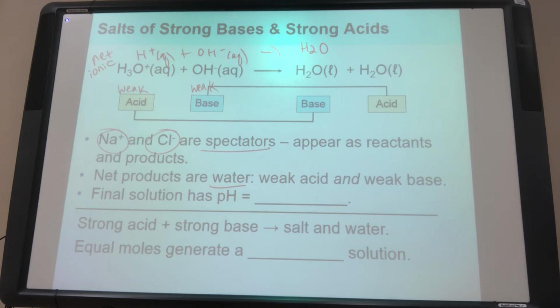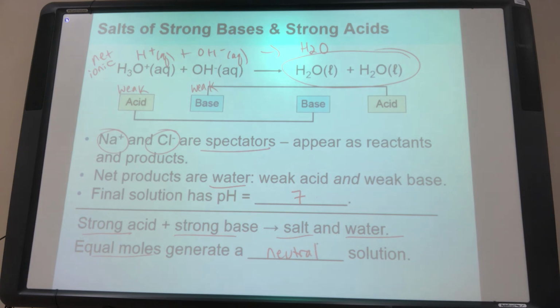Now, you might go, okay, so what's the pH? If the only thing I have left when it's all said and done is a bunch of water, what's the pH of water? 7. So, in general, if I have a strong acid and a strong base, they're going to react to make a salt and water. If I add equal amounts of my acid and my base, then my solution is going to be neutral.